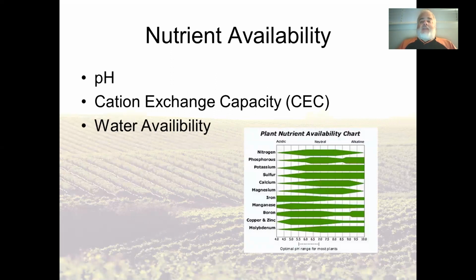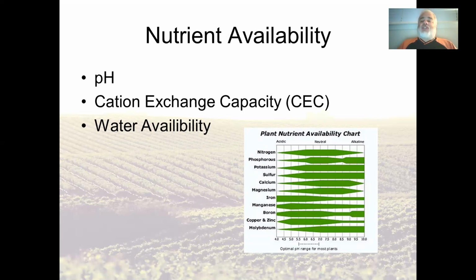So nutrient availability, how much of the nutrient is actually in the soil, is very different than how much is available to the plant, because what's in the soil is all there, but just because a particular nutrient element, the atoms are there, it has to dissolve in water in order for the plant to get it.